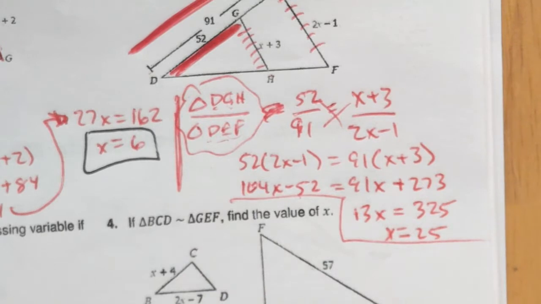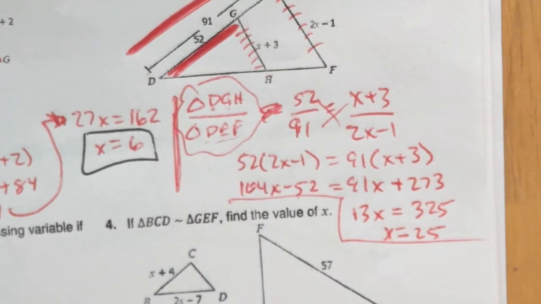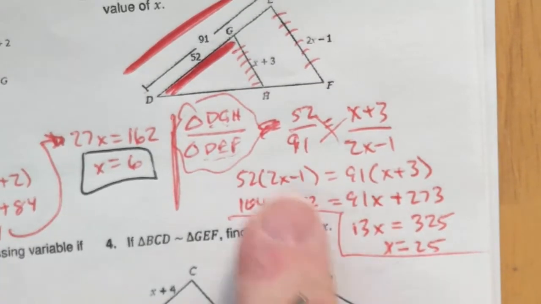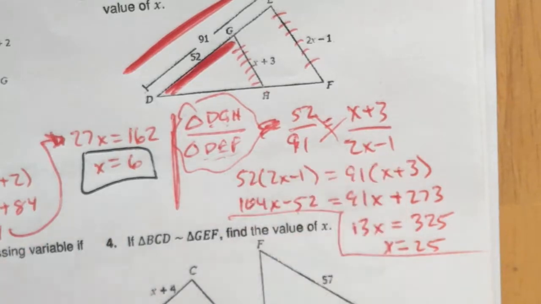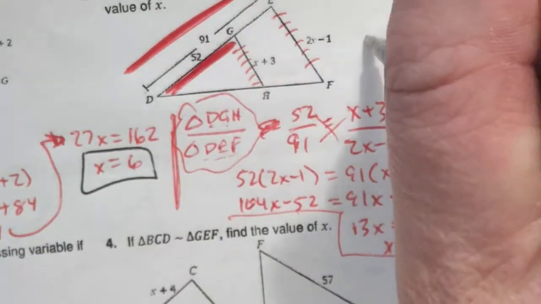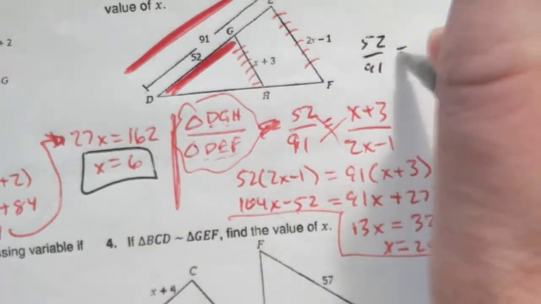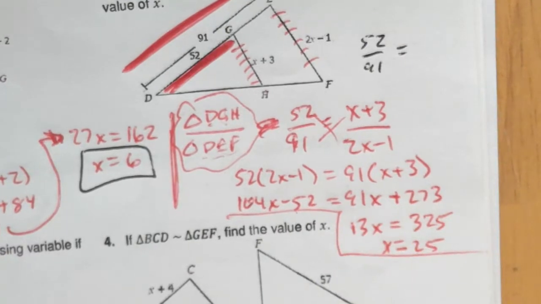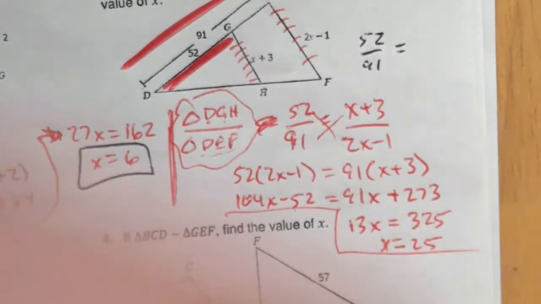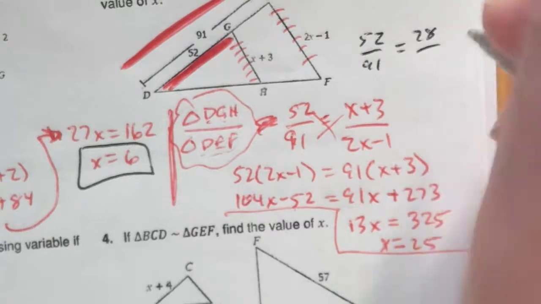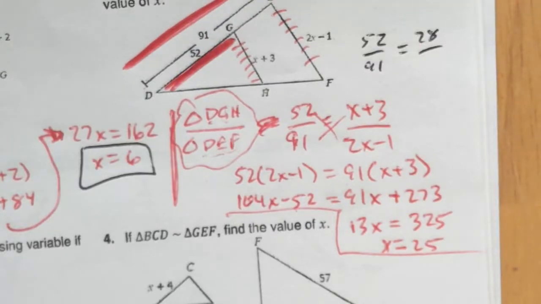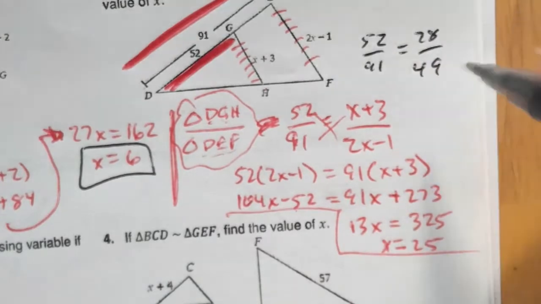Okay, and so I suggest you always double check. So x should be 25. I'm just going to plug it back into the original right here. So we still have 52 over 91, nothing to plug in there. And then 25 plus 3 would be 28 over 2 times 25 minus 1, which is 49. Okay, 52 divided by 91.